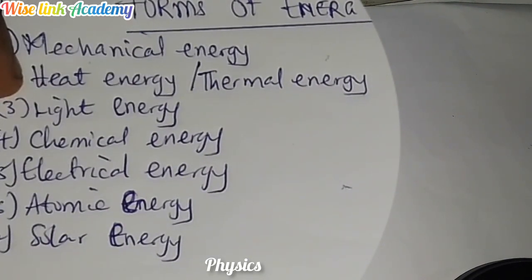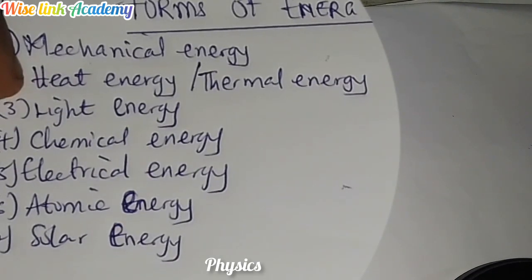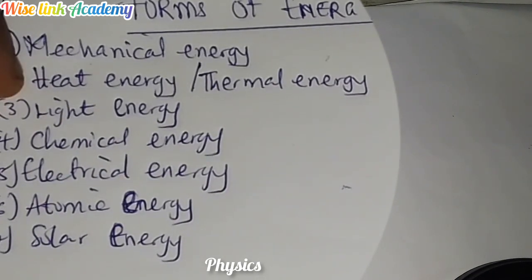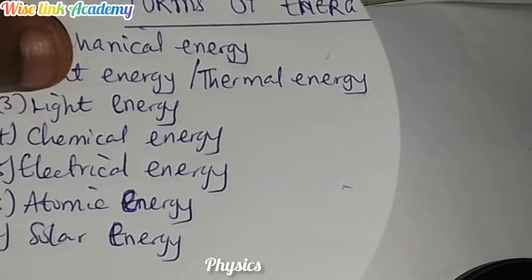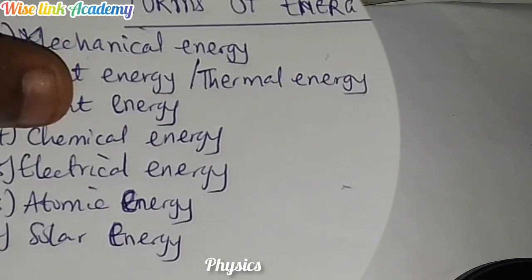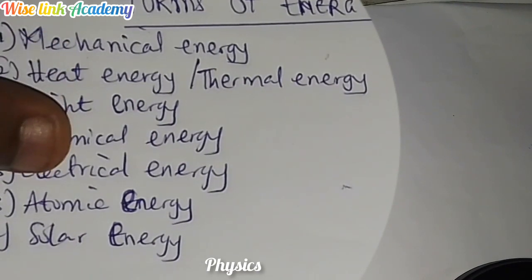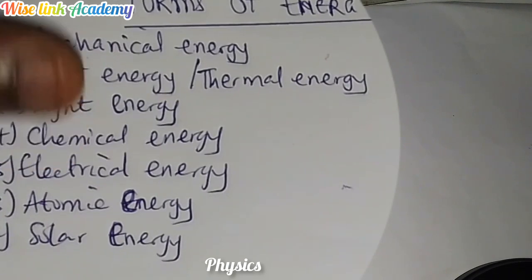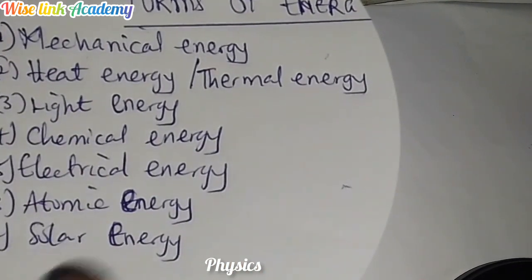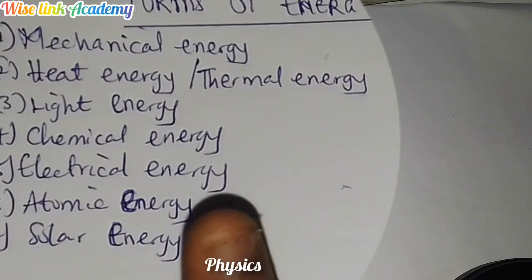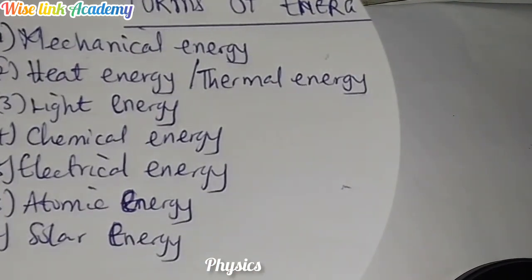When you hear the word thermal energy, it simply means heat energy, so don't get confused when you see that in a question. We also have light energy, chemical energy, electrical energy, atomic energy, and solar energy. These are the forms of energy that we have in physics. There are still many, but these are what I can give to the SS students for now.